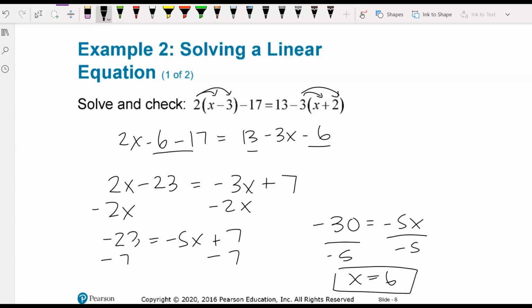Now you can check it if you'd like to. Otherwise, you're just putting your solutions in your assignment to see if they work. But if you wanted to check it, you can like this. If you want to fast forward and move on to the next one, you can. So 2 times 6 minus 3, 17.